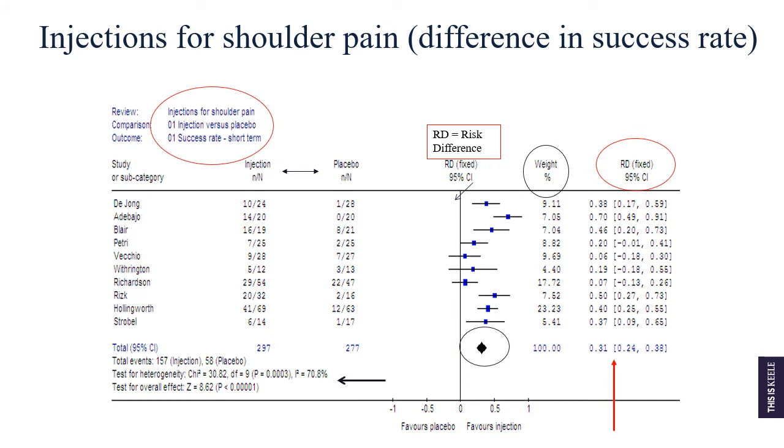So this can be interpreted as, on average, people who had injections had 31% more chance of success than those having placebo. However, even though this was statistically significant, there was significant heterogeneity, which you can see by the I-squared of 70.8% at the bottom there next to the black arrow.